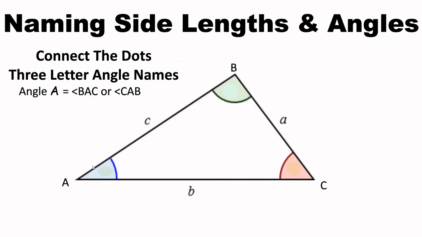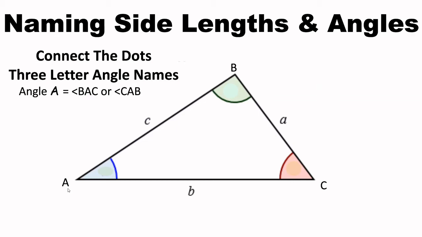To make angle A, we need to draw the line BA and then the line AC. Or going in the other direction, we could start with the line CA and then draw the line AB. The order doesn't matter, but what does matter is if we're talking about the angle at vertex A, the A needs to be the middle letter in the three-letter name for that angle.